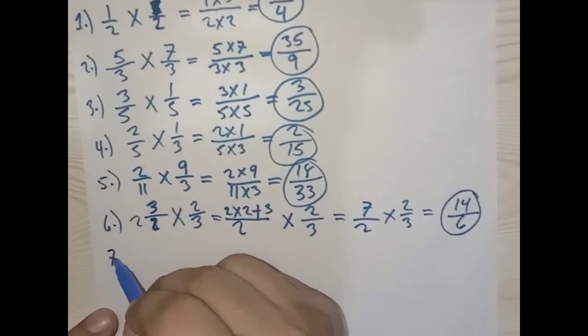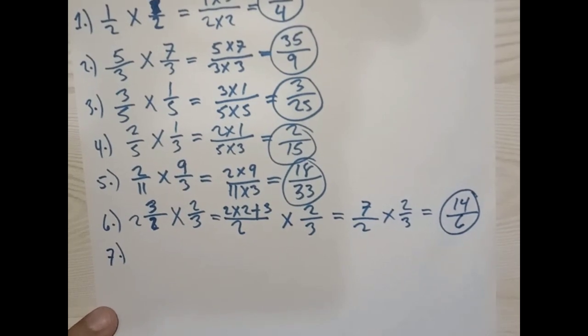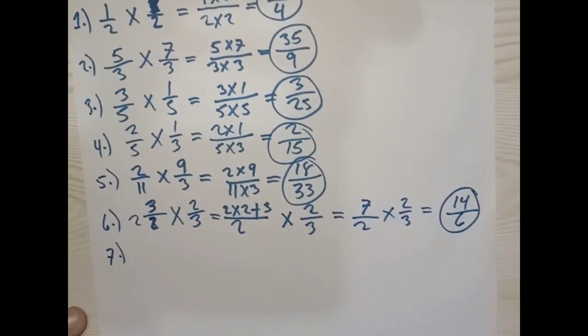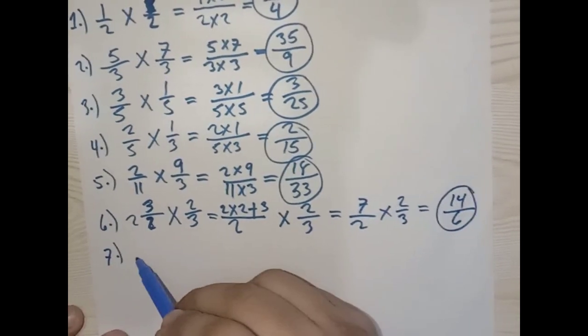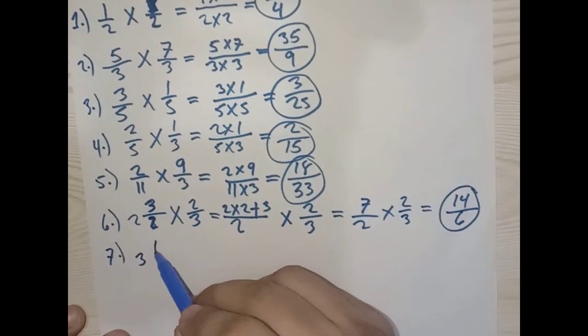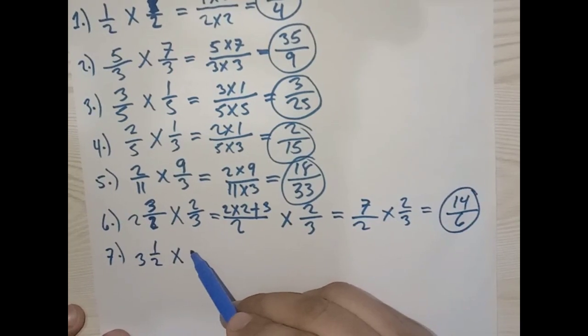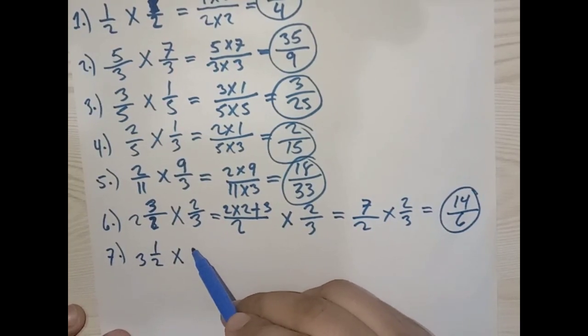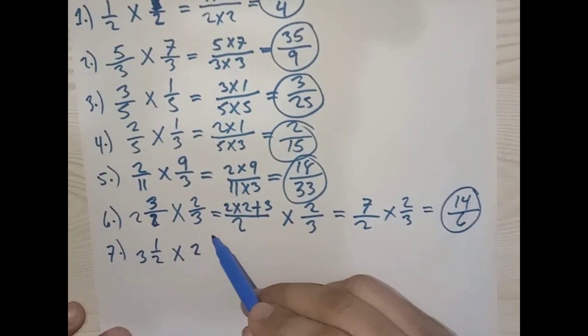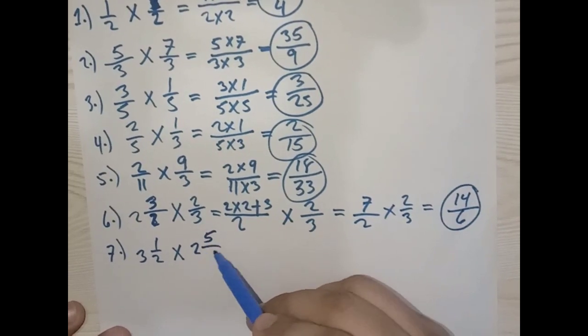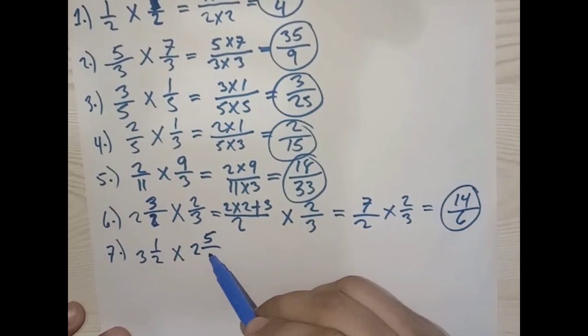Number 7. Okay, we are going to multiply two mixed numbers. Okay, 3 1/2 times 2 5 over 2.